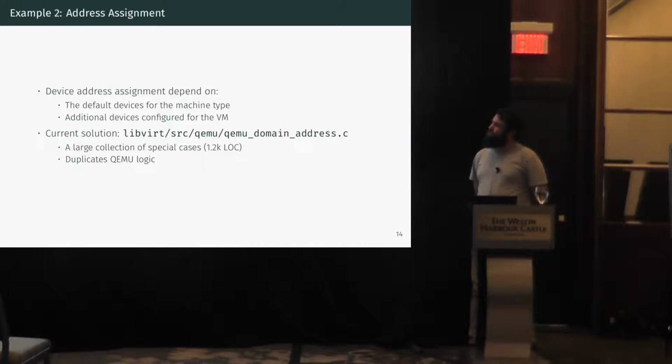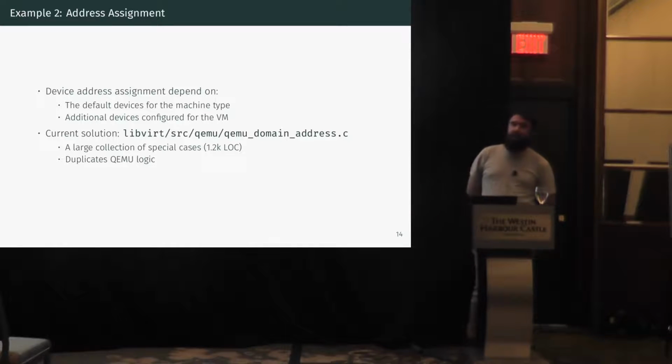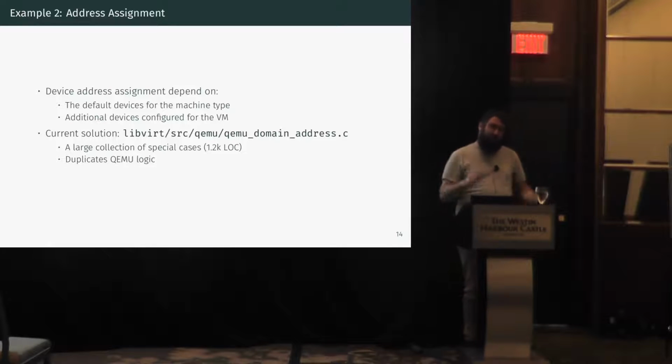So address assignment code: the set of addresses available where you can put devices on QEMU depends on the machine type, the default devices you have on the machine, the buses you have on the machine, and all the other devices you added to the machine.